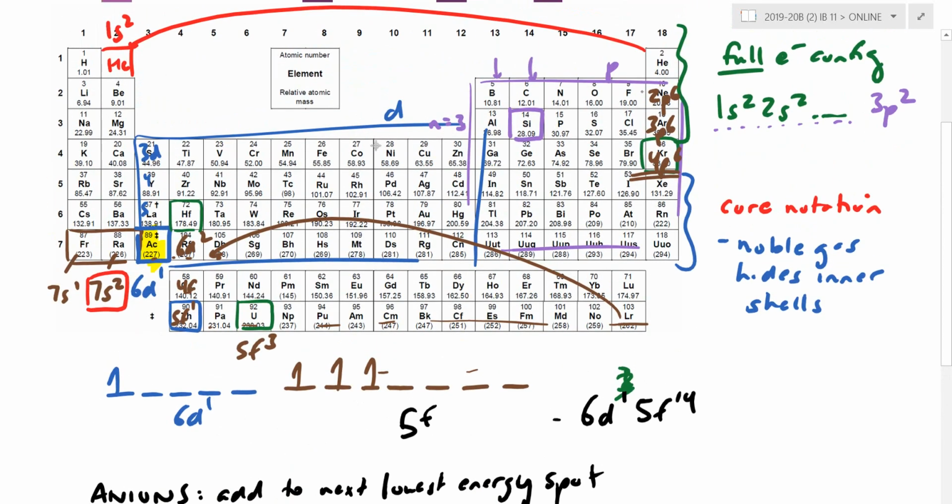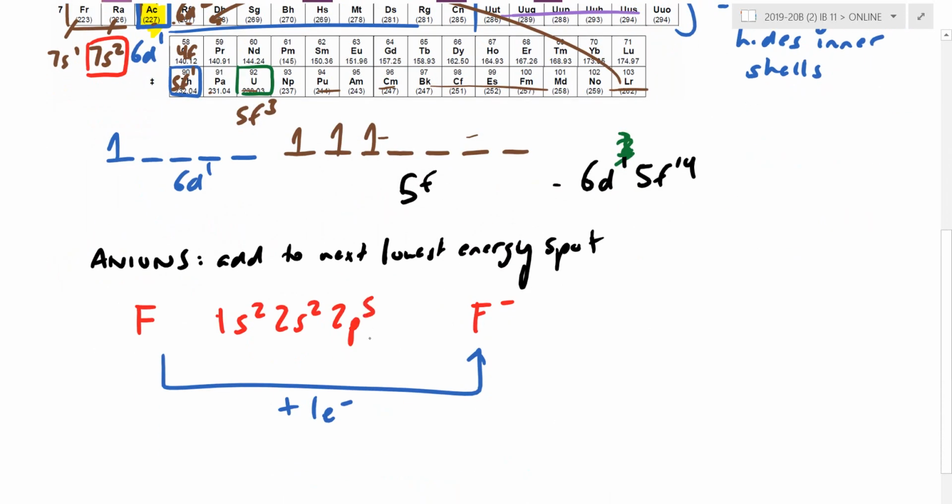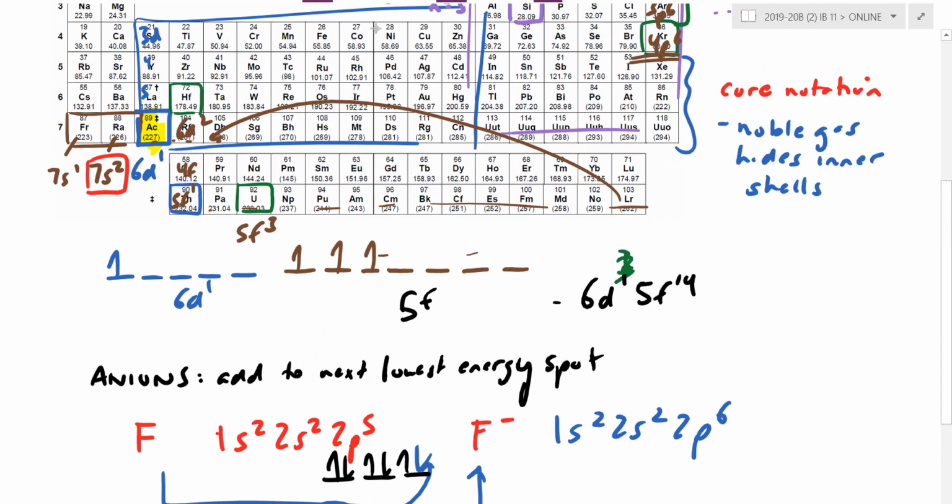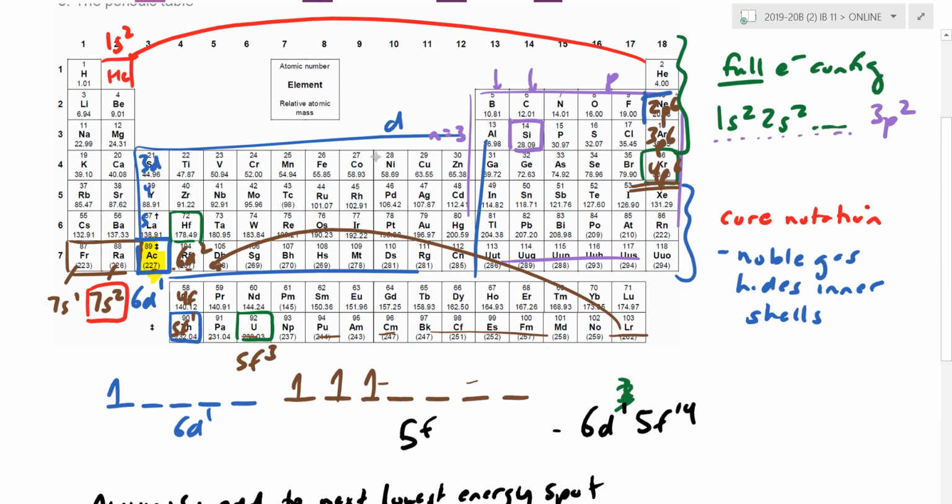So fluorine should have been 2p5, and only after you gain 1 extra electron, for my 2p rooms, so far I had 5 people inside. When another electron arrives at the hotel, we would then put him on this last shell here. So this one now would be 1s2, 2s2, and then 2p6. That one there is isoelectronic with neon, which is a noble gas, so 2p6 as we expected.